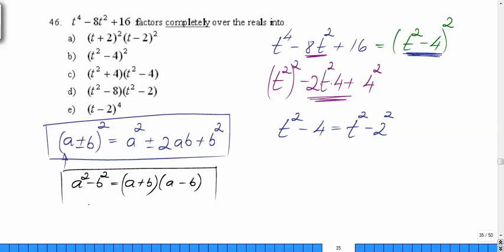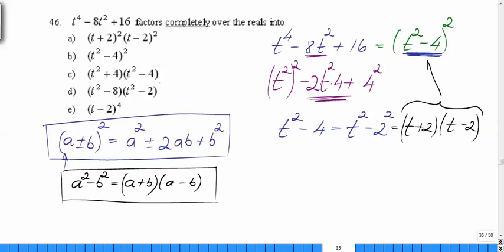The order really doesn't matter because we know multiplication is commutative, right? In this case, I can write this as t plus 2 times t minus 2, and this will be substituted back into that expression.